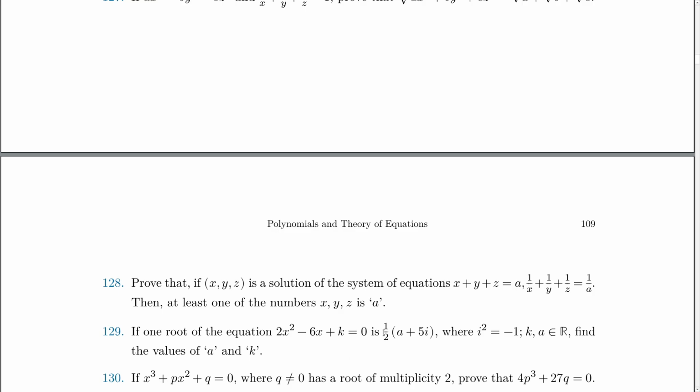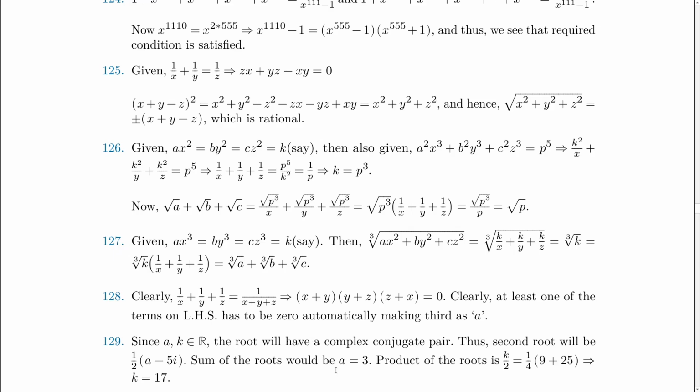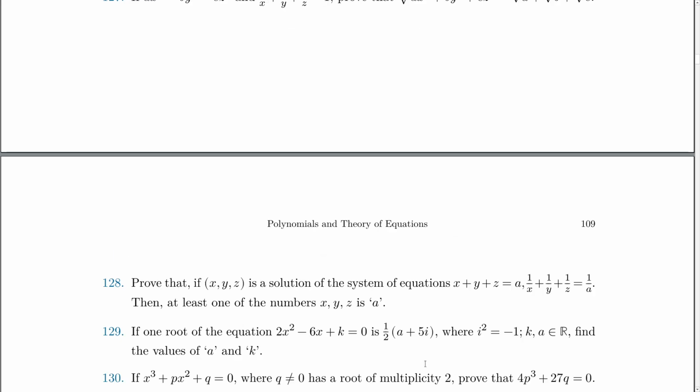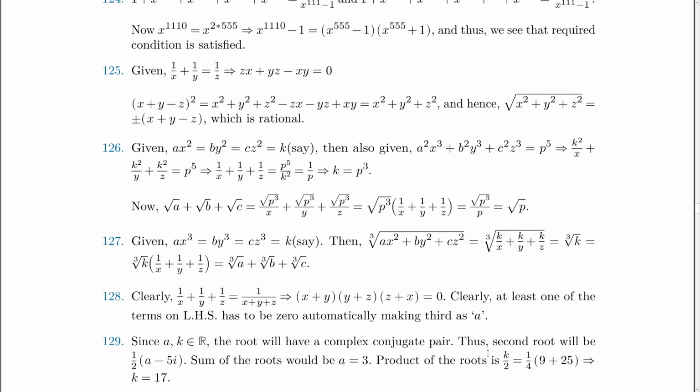The sum of roots would be minus b by a, that is 6 by 2, which is 3, and therefore a is 3. The product of roots would be k by 2, which will be equal to 1 by 4 into (a square plus 5 square). Now a is 3, so that becomes 9, and 5 square is 25, so 34, and this 2 goes here, so 17. k is equal to 17.